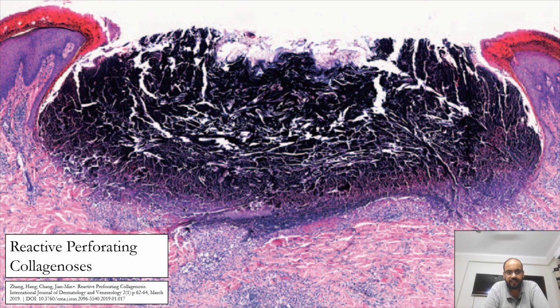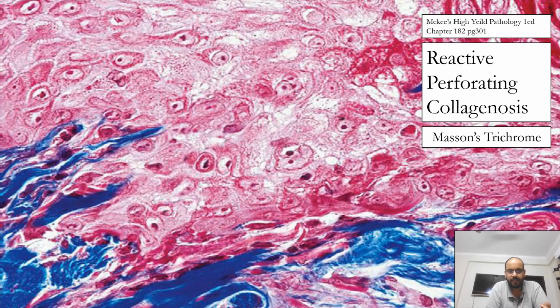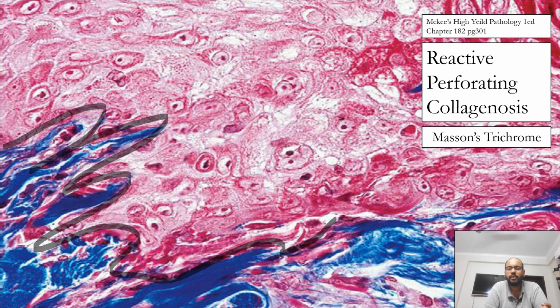So now you can easily see the crater, you can see the collagen fibers, darkly staining, dark blue, highly basophilic collagen fibers going here. Here you can see the normal collagen which is eosinophilic, normally pink stain, but now it has become very dark blue going inside the crater. If you look closely, here we have used a special Masson's trichrome stain, and you can see blue colored collagen going inside the epidermis.